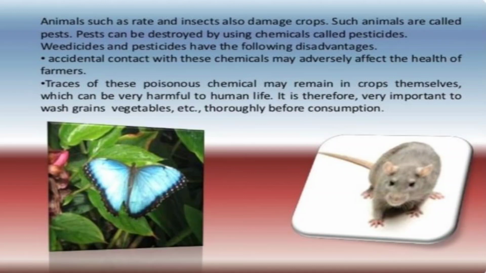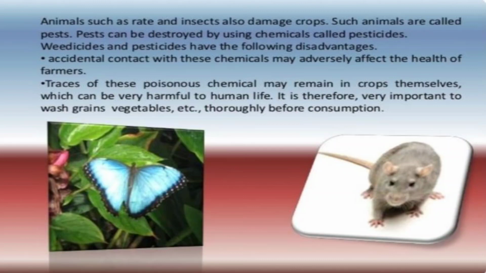Accidental contact with these chemicals may adversely affect the health of the farmer. If the chemicals go inside the body of the farmer, they can affect his health or even cause death. Traces of these poisonous chemicals may remain in crops themselves, which can be very harmful to human life. That's why it is very important to wash grains or vegetables roughly before consumption.